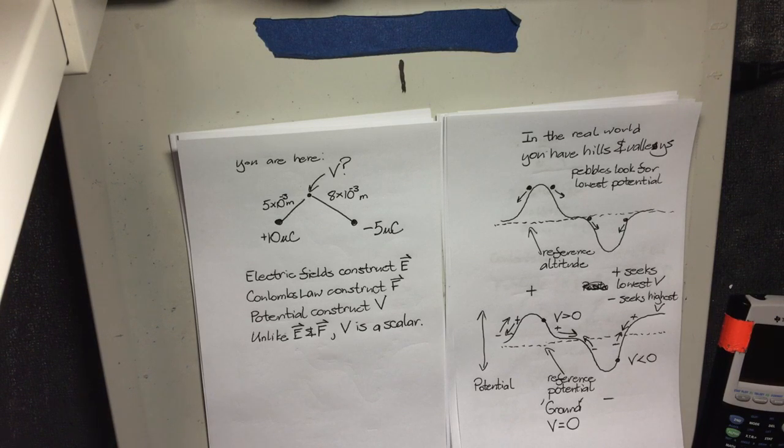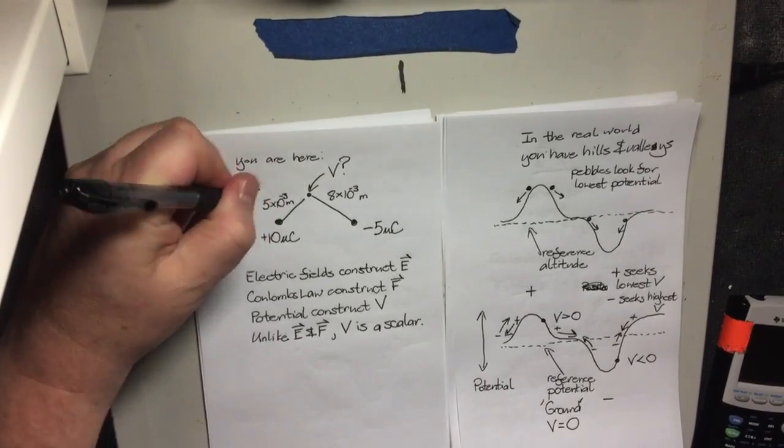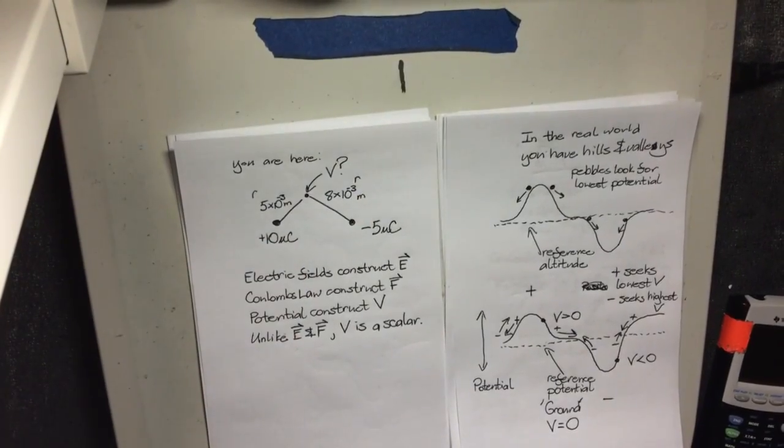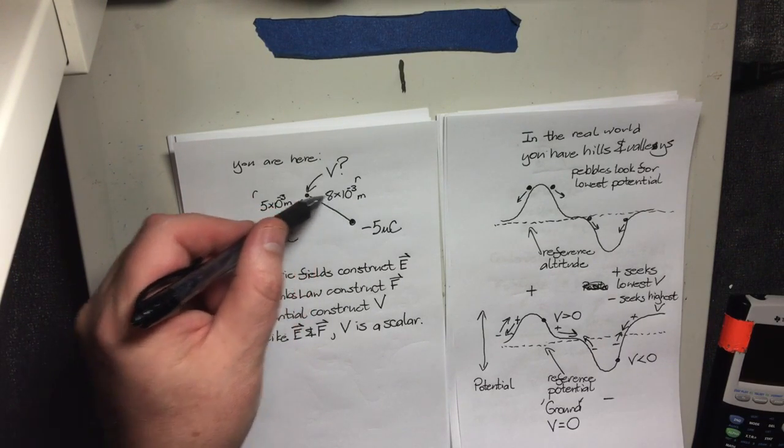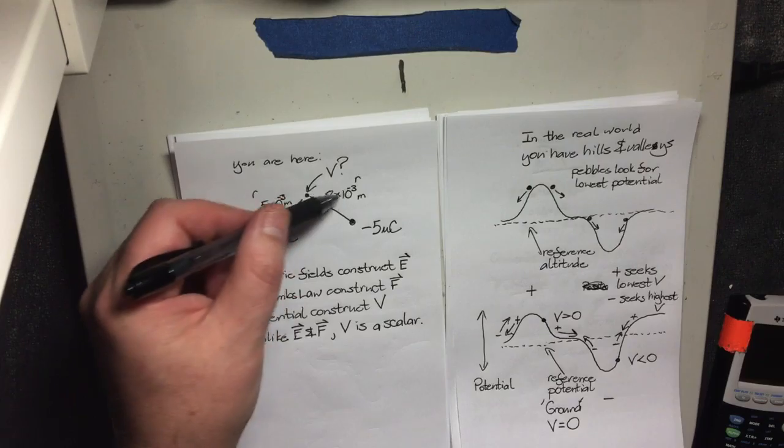There's no direction involved with potential. All that matters with respect to the geometry is to get these R's as quickly as humanly possible. If I did angles and stuff, it would only be so that you could calculate these.